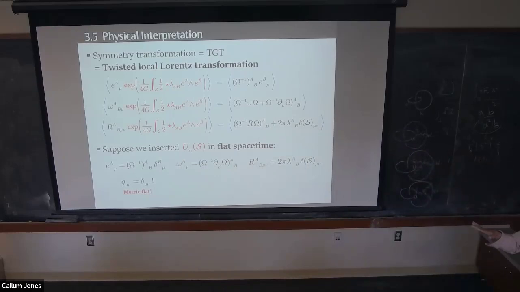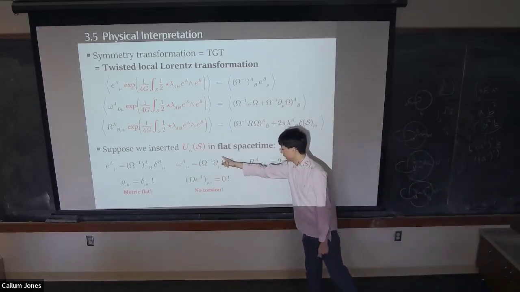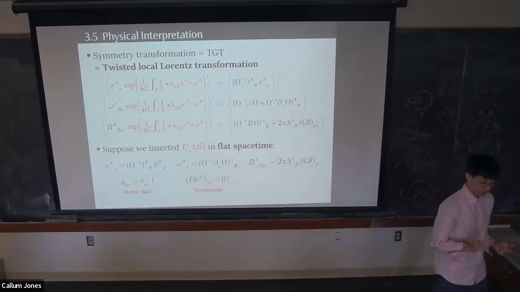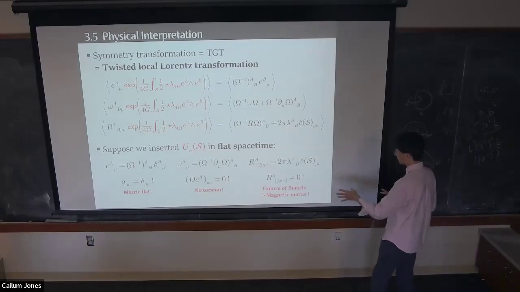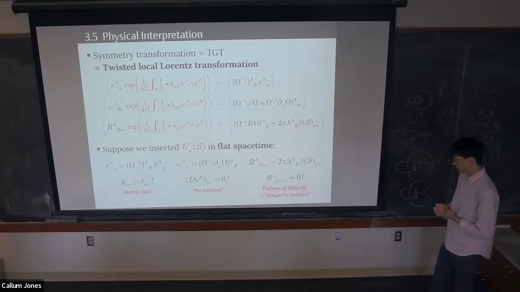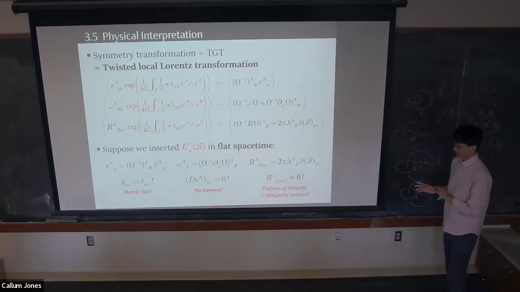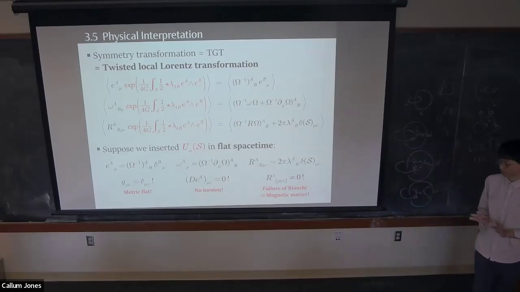The metric is left unchanged, while the torsion transforms linearly by this omega, and we only have one derivative, so the torsion-free condition is also preserved. But crucially, we can show that the algebraic Bianchi identity for the Riemann curvature just fails. We can compute this quantity and explicitly show that it's non-zero.